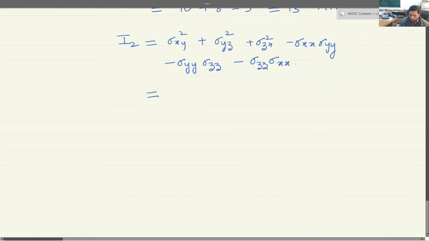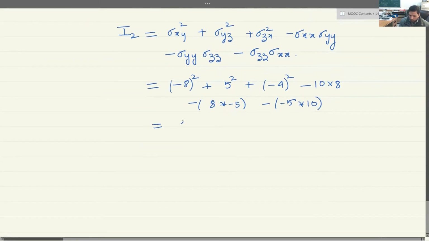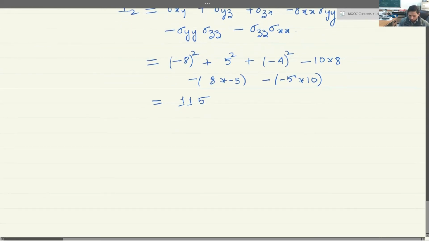So putting in the values, this will become minus 8 square plus 5 square minus 4 square minus 10 into 8 minus 8 into minus 5 minus 5 into 10. And you would see this will come out to 115. So that is the value of I2.